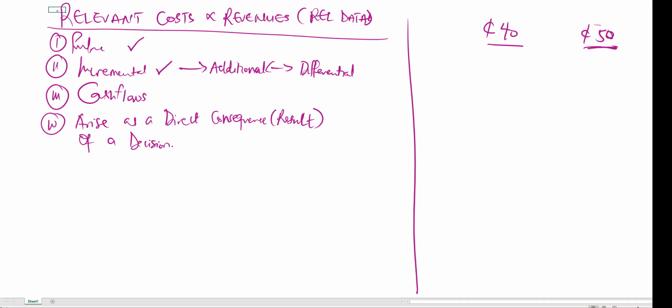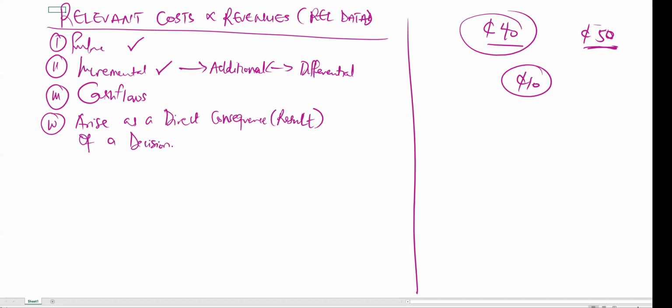This session is supposed to be active so that you understand it. If you don't talk, you won't understand. Relevant costs cannot be taught by just listening. You have to answer me when I talk. So if I decide to choose 40 cedis, how much am I saving by not choosing the 50? 10 cedis.